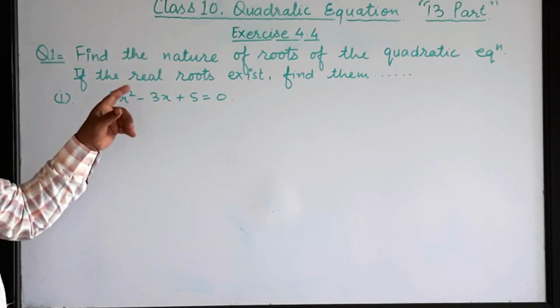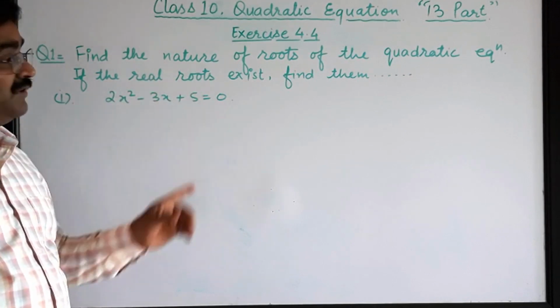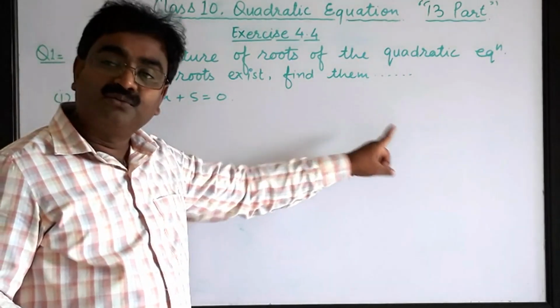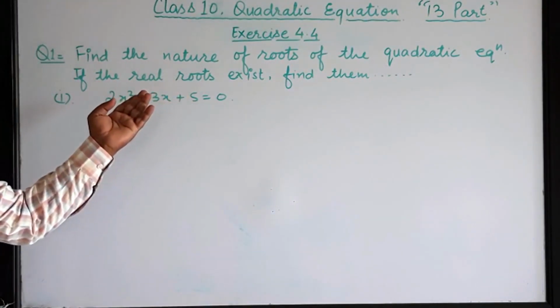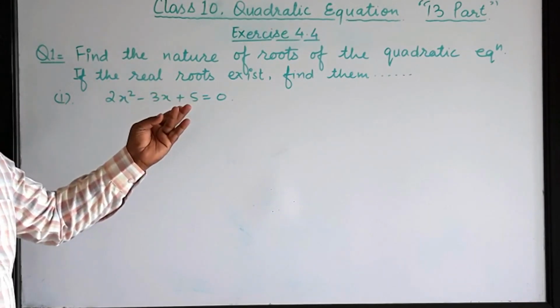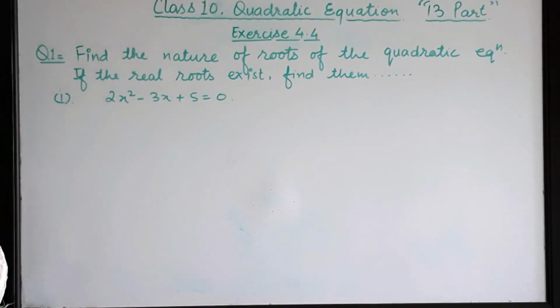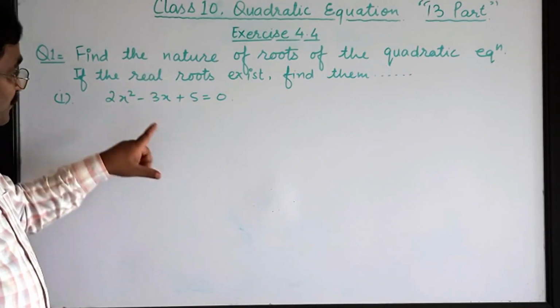After deciding its nature, if the roots are real, then we have to find the roots also. And if the roots are not real, then no need to find them. So let us first of all find the nature of the roots of this equation.